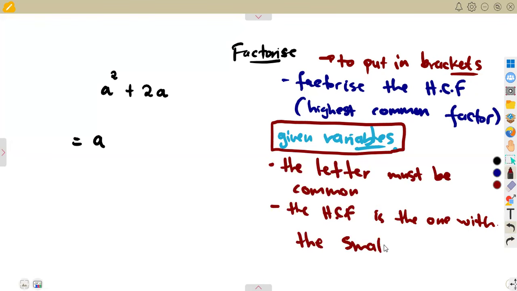That is the smallest index, the smallest power. Remember the exponent, talk of the index, talk of the power.